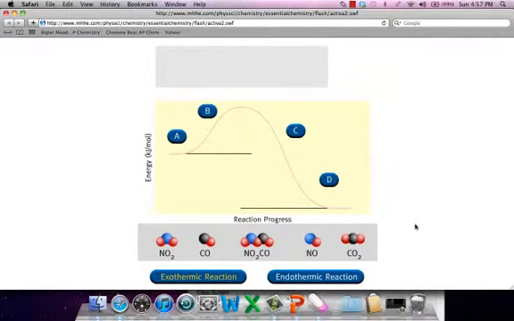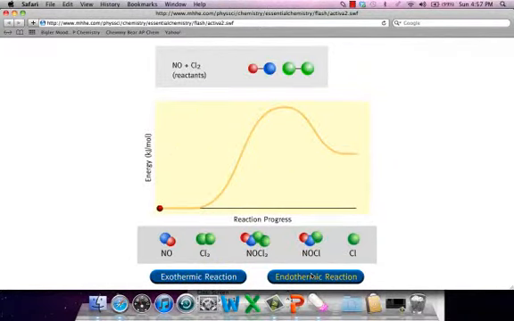Great, so now let's look at an endothermic reaction and see how that looks different. This is an energy profile for nitrogen monoxide, NO, reacting with chlorine molecules, Cl2, to produce nitrosyl chloride, NOCl, and chlorine atoms. Click on each of the regions, A, B, C, or D, as they appear to view the molecular changes that occur during each stage of this reaction.